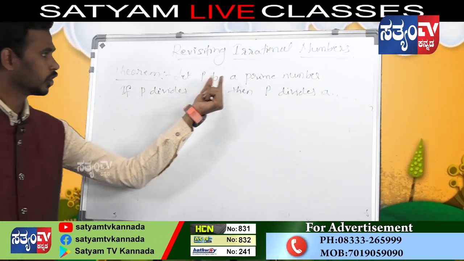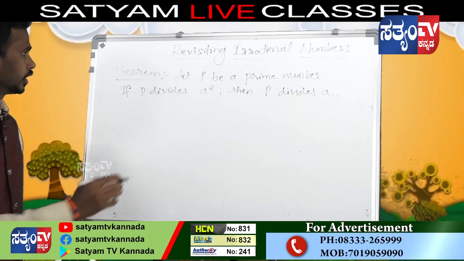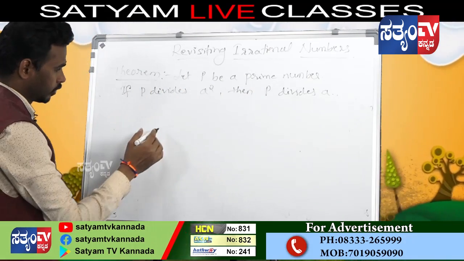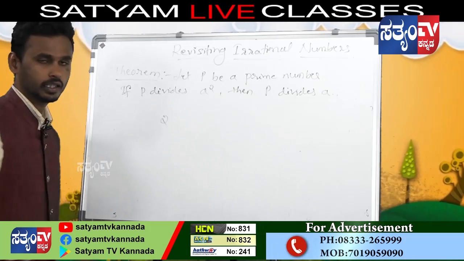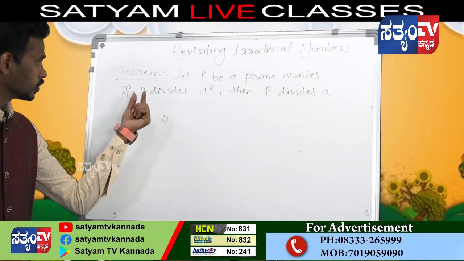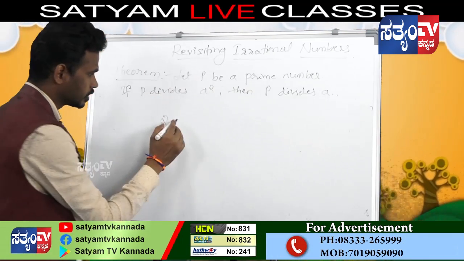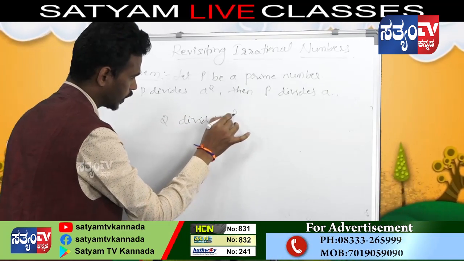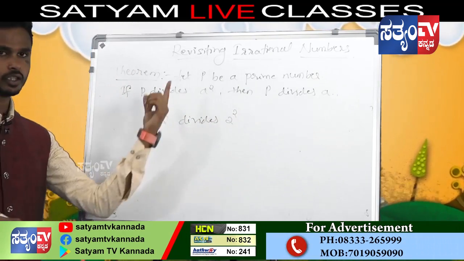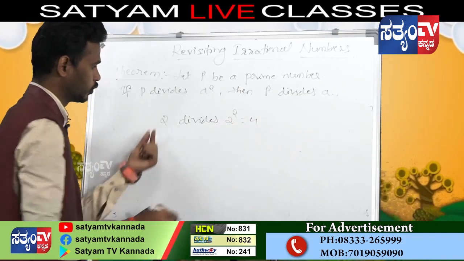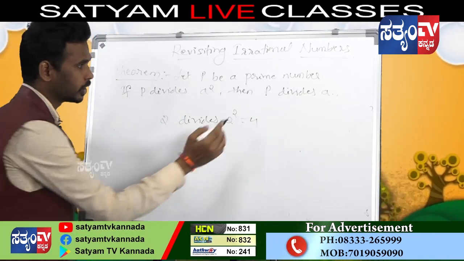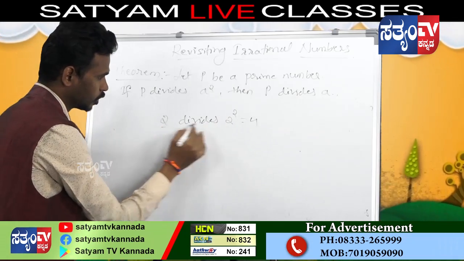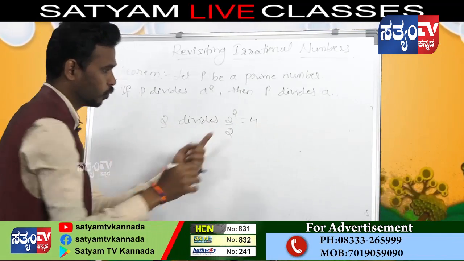What is the meaning of this theorem? For example, take 2 as a prime number. If P divides A square, means 2 divides 2 square. Of course 2 divides 2 square, which is 4. So P also divides A, that is, 2 divides 2 also.